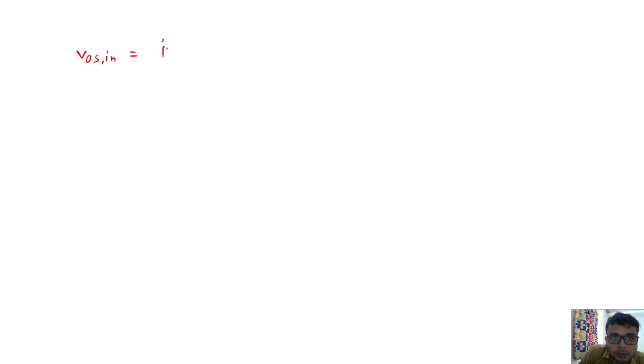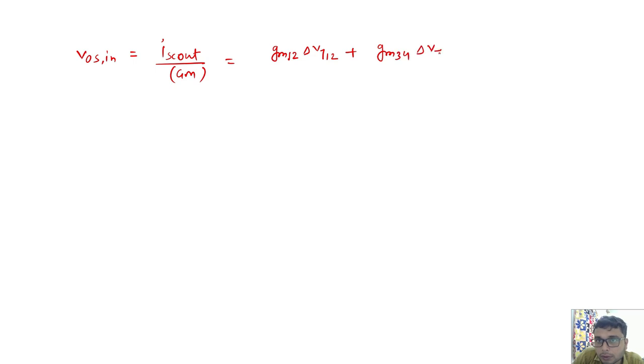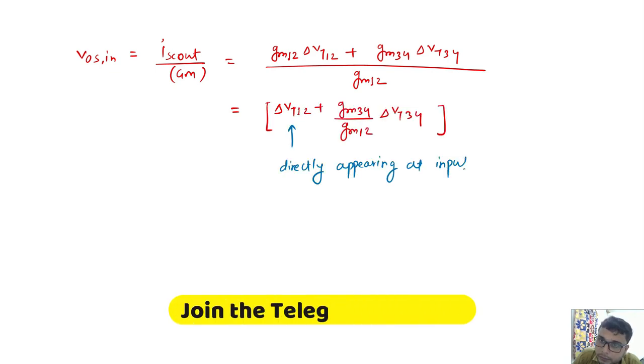This is nothing but ISC offset at output that we are getting divided by gm. So what is this? This is gm12 del VT12 plus gm34 del VT34 divided by the overall gm, which is gm12. It will result in del VT of 12 plus, but this mismatch is appearing with some constant.